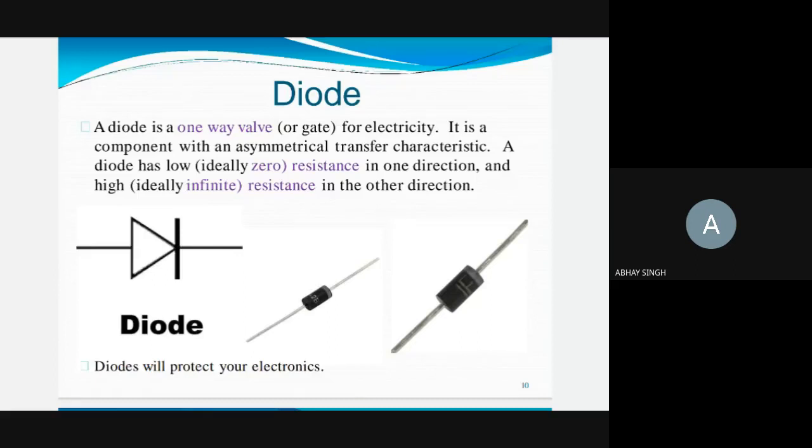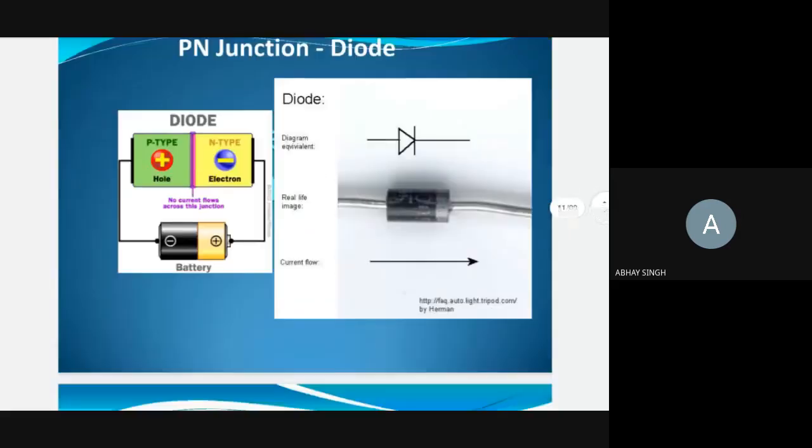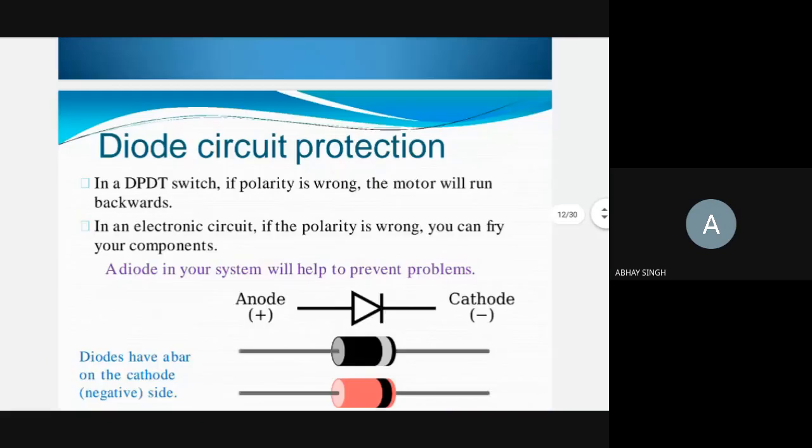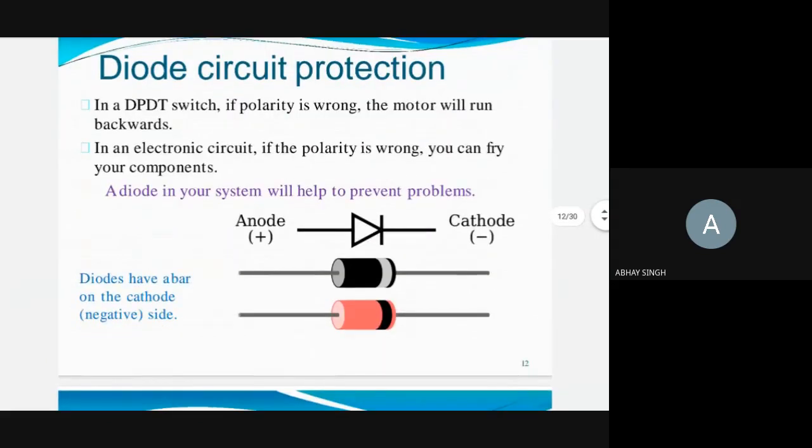So the diode we already discussed. It is a unidirectional valve. It has low resistance in the forward bias state and infinite resistance in the reverse bias state, which we have already learned.